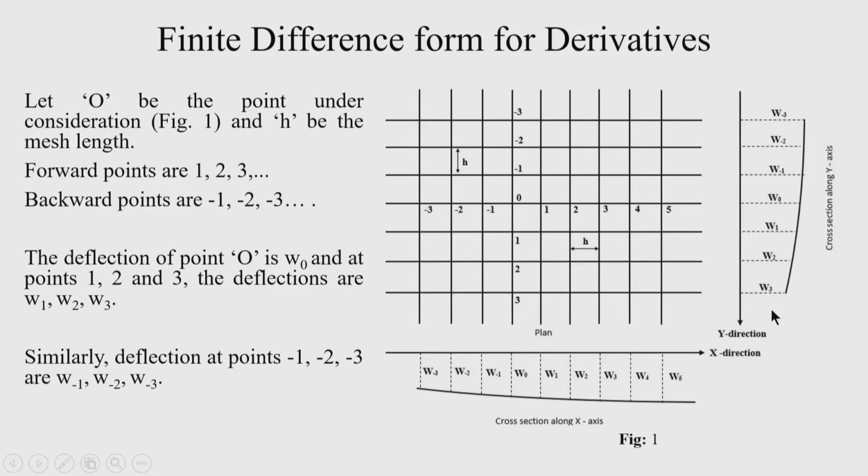Our aim is to evaluate the deflection at the different grid points, because the exact expression of the deflected surface, say W x y, as a mathematical function is not known for certain cases of boundary conditions and loading.